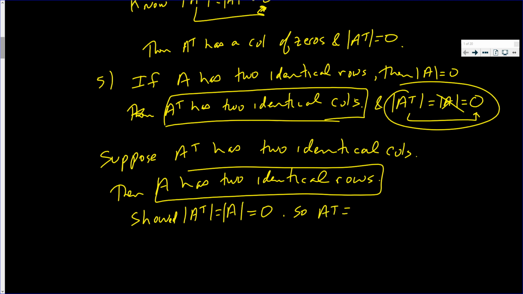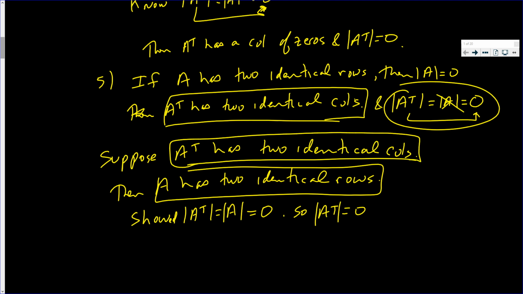So the determinant of A transpose is 0. If A transpose has two identical columns, then A has two identical rows, and we know regardless of anything about A, whether it has identical rows or not, the determinant of A transpose and A are the same.